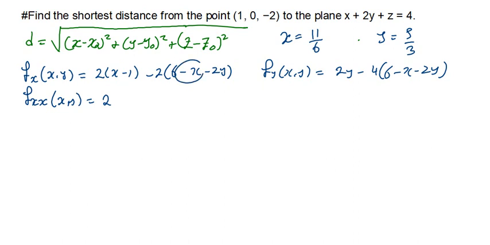The 6 will be 0, the 2 minus 2y will be 0, so you're going to get negative 1 and by that negative 2, you're going to get plus 2, giving us a 4. So we have a 4 there. What about the second partial with respect to y?